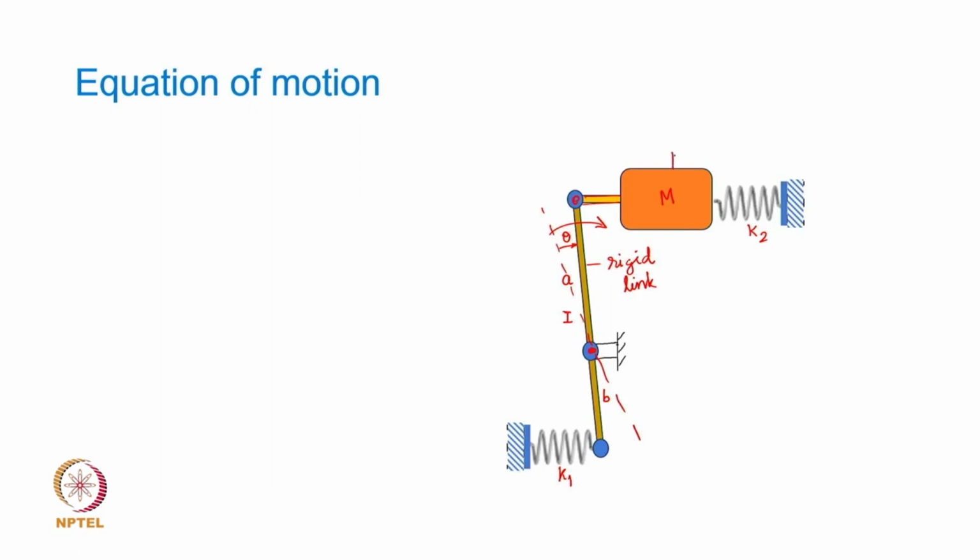For small amplitude of vibration, the displacement x is associated with this mass, but I am sure you will agree that if a rigid link connects the mass to the vertical link here, then x cannot be an independent degree of freedom, because depending upon the angle theta, this joint is going to move laterally by a distance given by A times theta. A is this length.